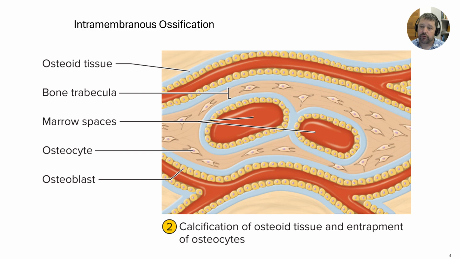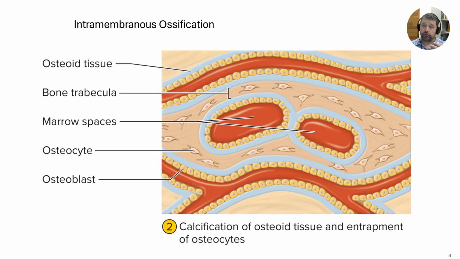Now the entrapment begins. The osteoblasts that were laying down that osteoid tissue become encased, entrapped in the material they laid down that is now starting to become calcified. That's the attraction of calcium phosphate to the region.